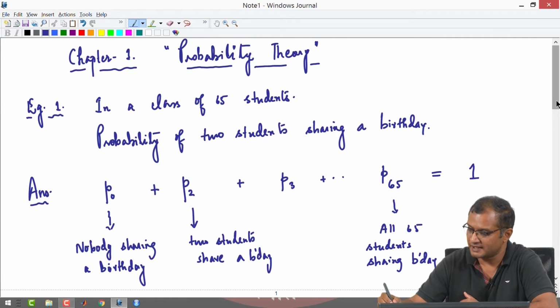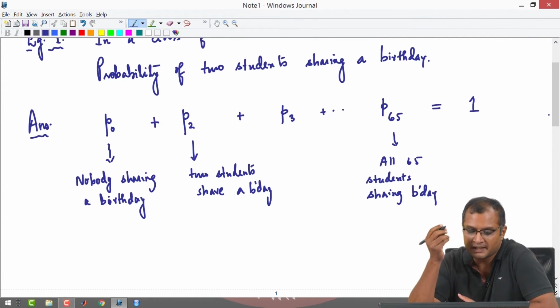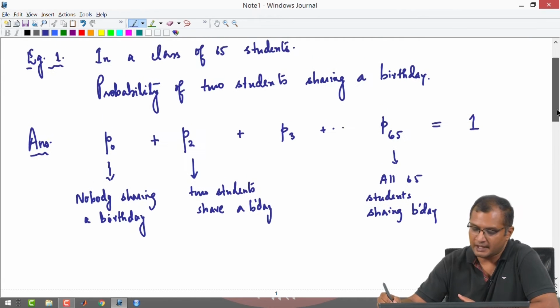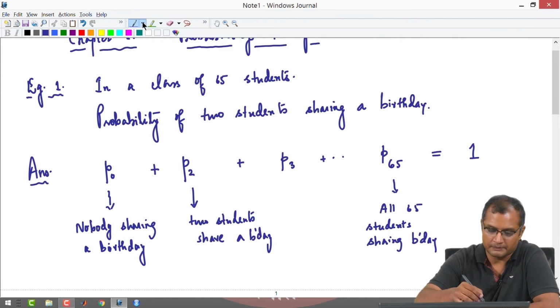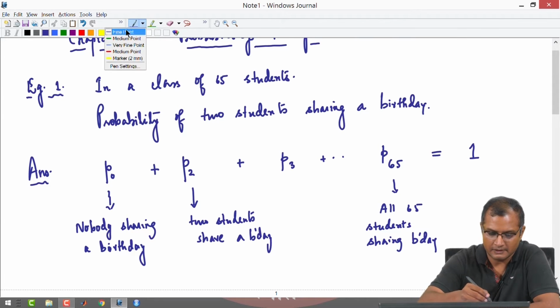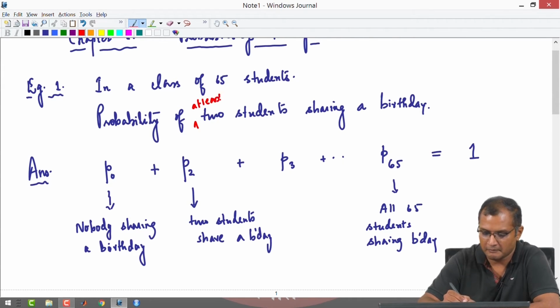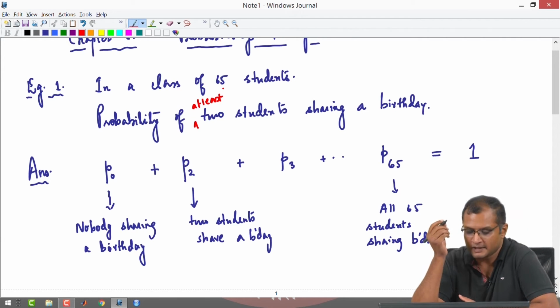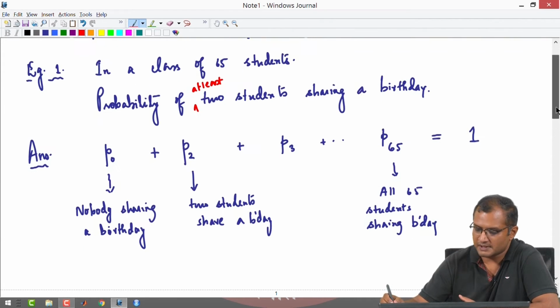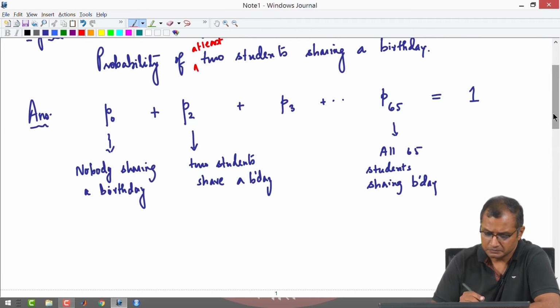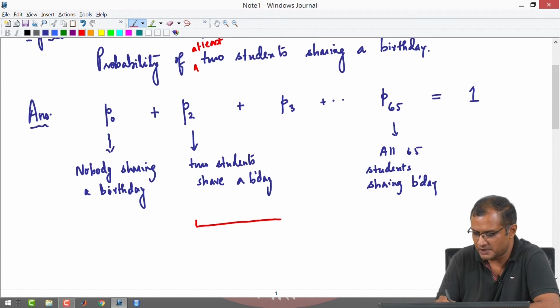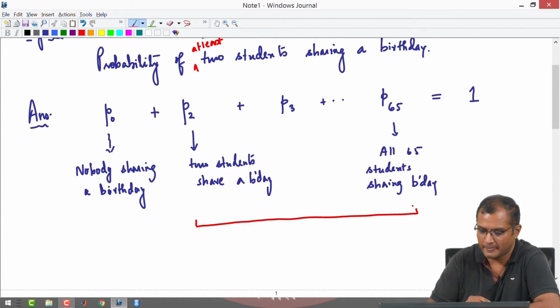What is asked is basically what is the probability that at least 2 students, I should slightly correct my question. And then if the question is at least 2 students sharing a birthday, that is basically the sum of all these P2, P3 up to P65. Okay.